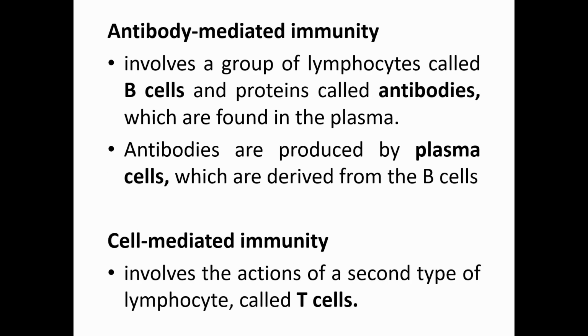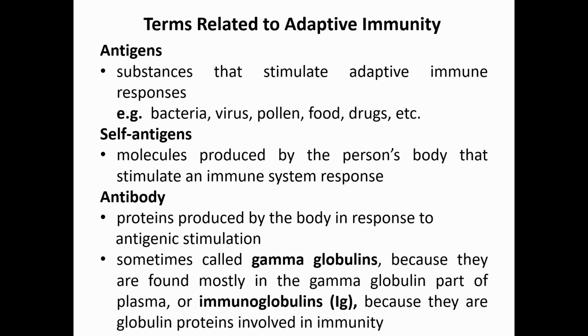So your antibody-mediated immunity involves a group of lymphocytes called your B cells and proteins called antibodies, which are found in the plasma. Antibodies are produced by plasma cells, which are derived from the B cells upon activation. Cell-mediated immunity involves the actions of the second type of lymphocyte, also called your T cells. So, some terms related to adaptive immunity. Antigen is a substance that stimulates adaptive immune responses.